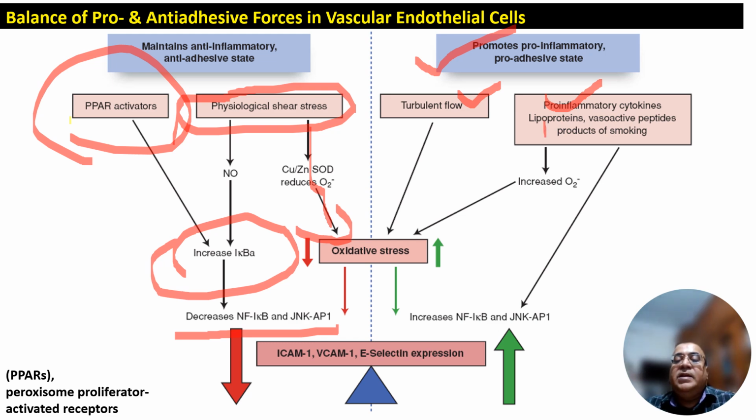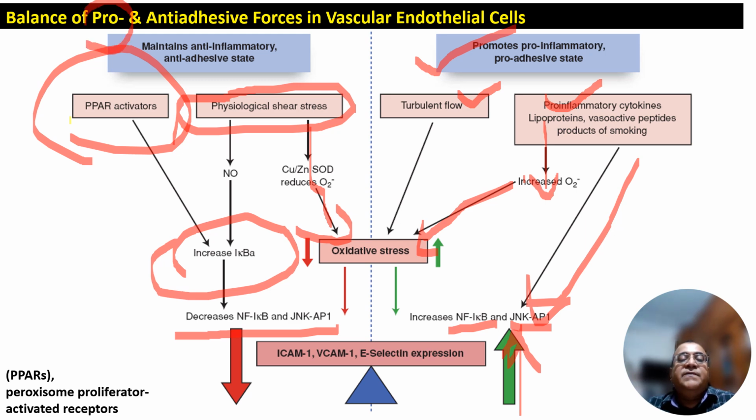They increase the oxygen radicals, and oxidative stress on the cell is increased. As a result, there is an increase in nuclear factor kappa B activity and JNK-AP that favors the adhesive forces. So all these subcellular events lead to pro-adhesive forces dominance.